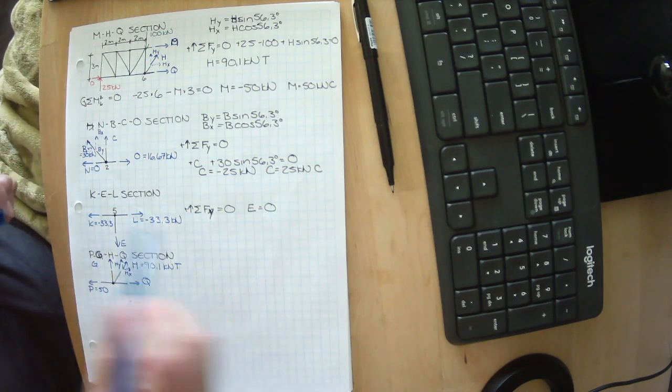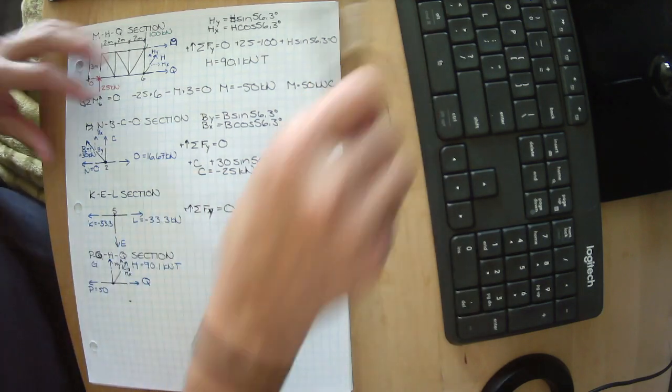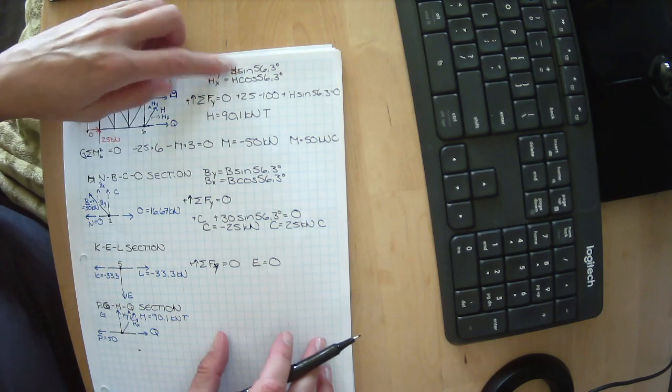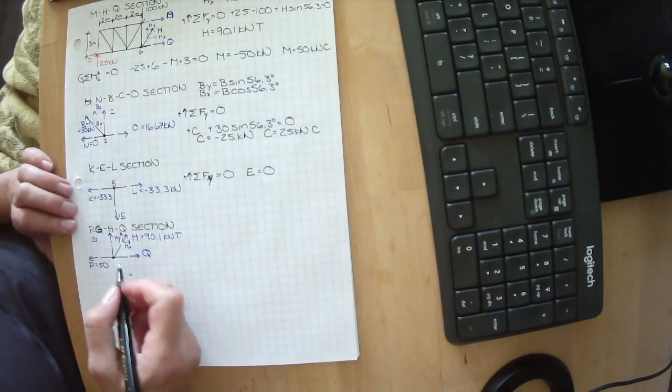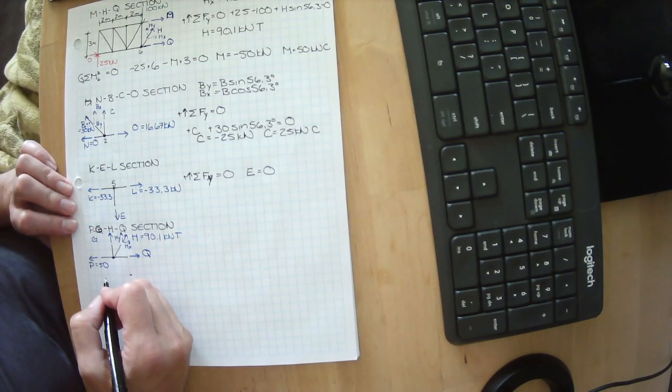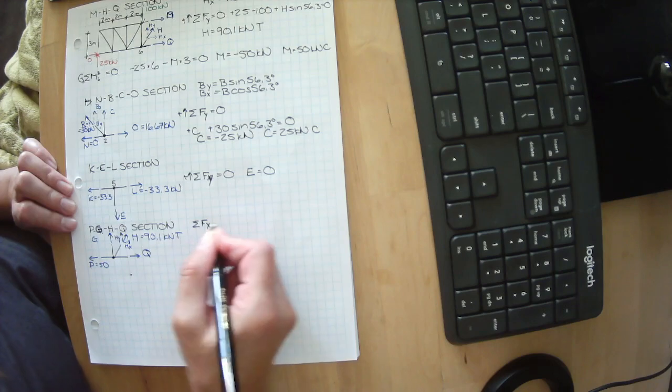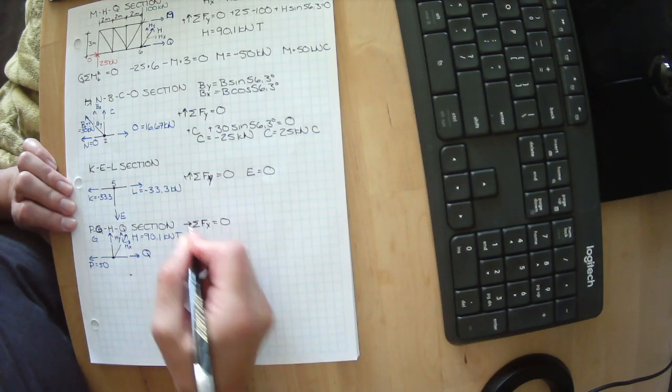I'm going to stop drawing the little summary of what that means. Actually, we already drew it up here, that HY and HX, that's what we can break it up into. Let's sum our forces in the X direction. So the sum of the forces in the X direction equals 0.